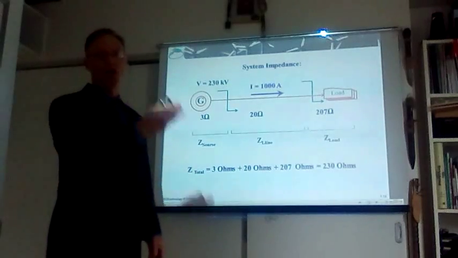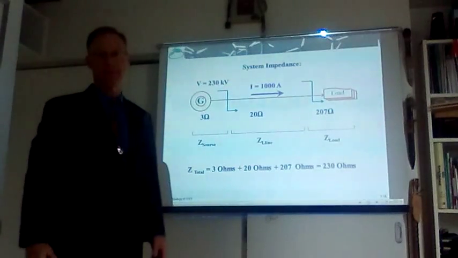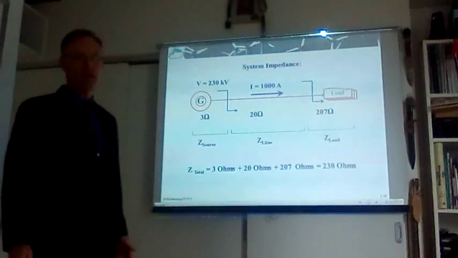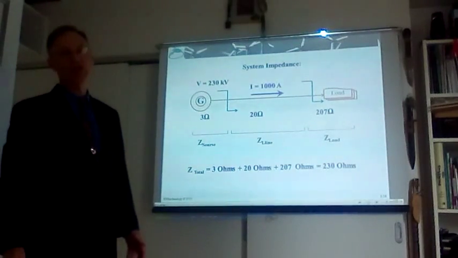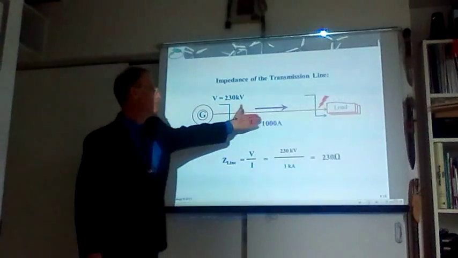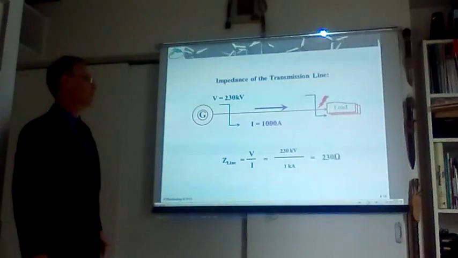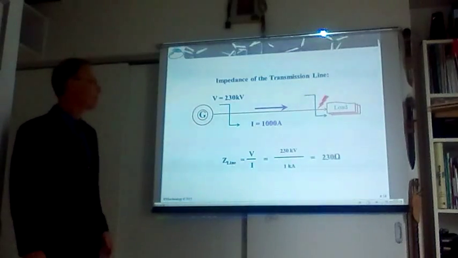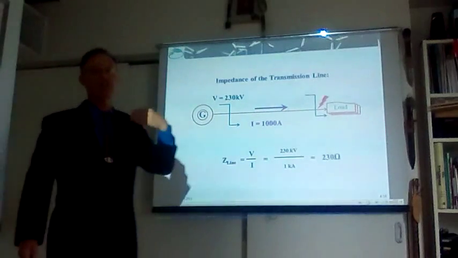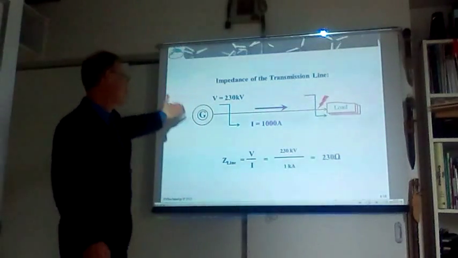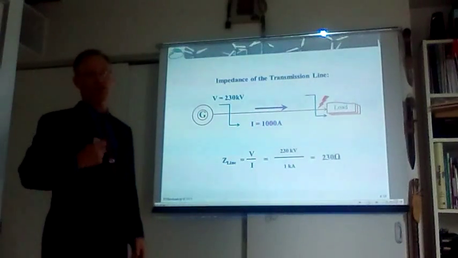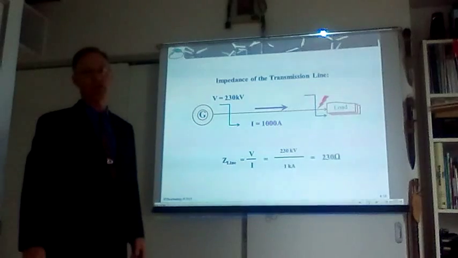If we allow the current to run on and on during a fault, the line will melt. And that damage will be costly. So in this case, we have a current of 1000 amps, for example, 1 kiloamp running, considering the load, generation and the length of the line, which is a good, nominal condition.